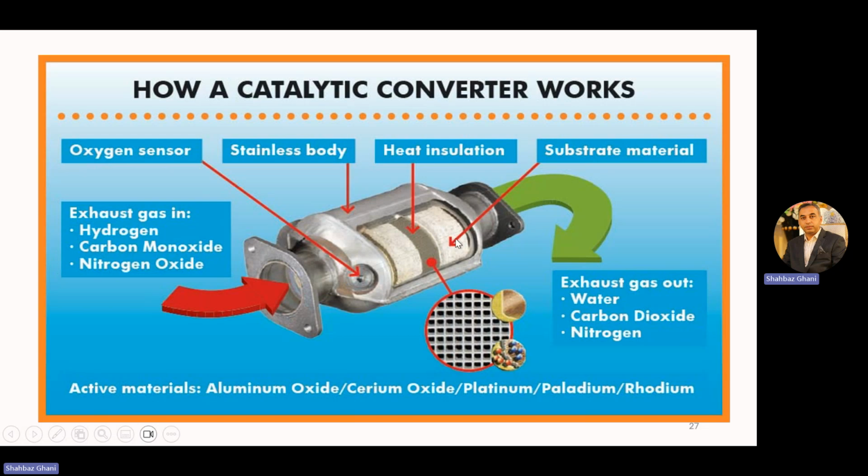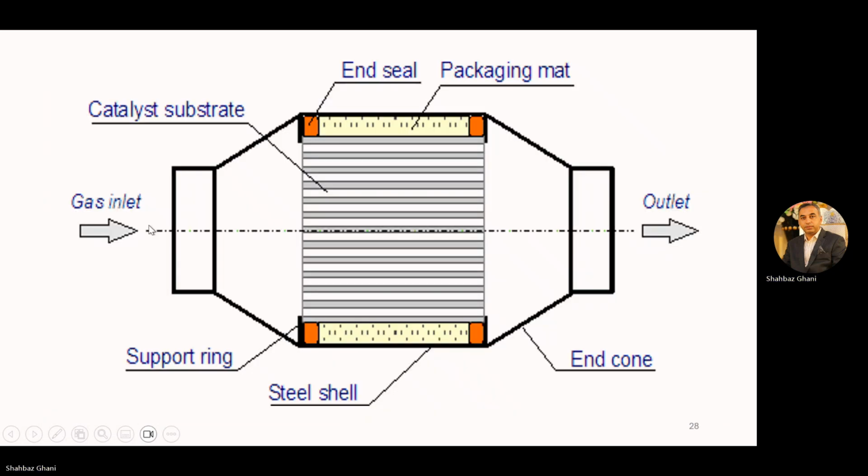The catalyst materials are platinum, palladium, and rhodium, and the base ceramic structure is of aluminum oxide or cerium oxides. Then the catalyst chemical reaction is going on, temperature is there, so the exhaust gas is out. So we have water vapor, carbon dioxide, and nitrogen.